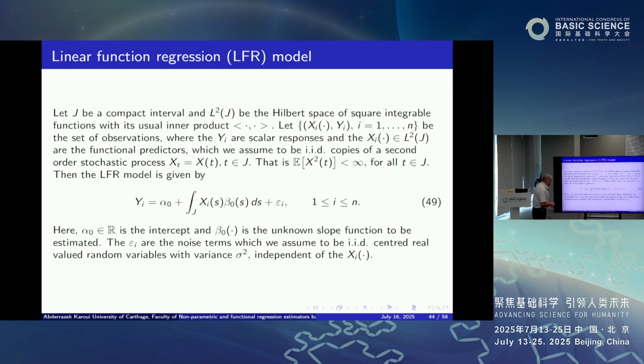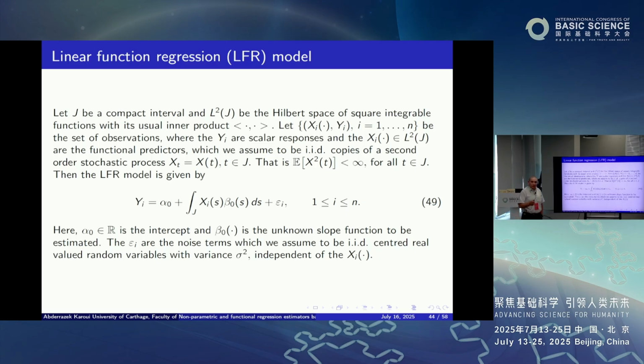The epsilon_i are noise terms, and we assume they are i.i.d. centered real-valued random variables with variance sigma squared, independent of the X_i. The X_i are just copies of a random process, a square integrable random process.